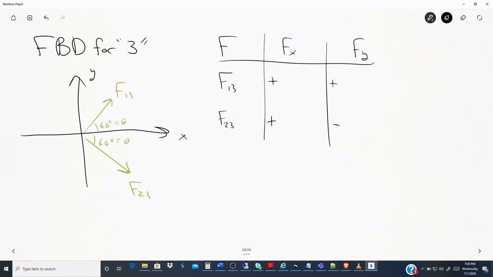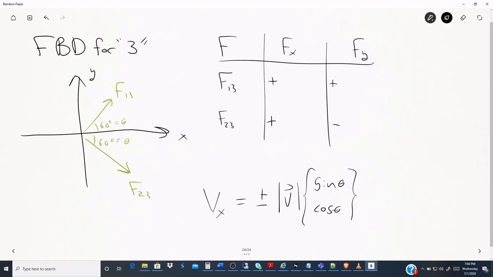Then as far as what those components are, well, in general, to get the x component of a vector, it is going to be plus or minus the magnitude of that vector times either sine of theta or cosine of theta.